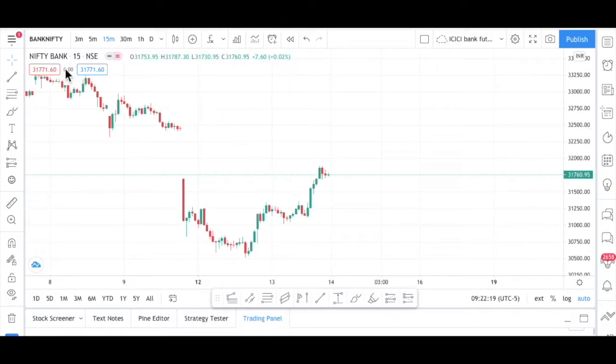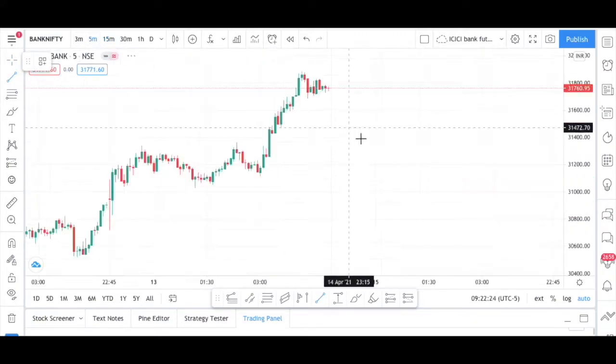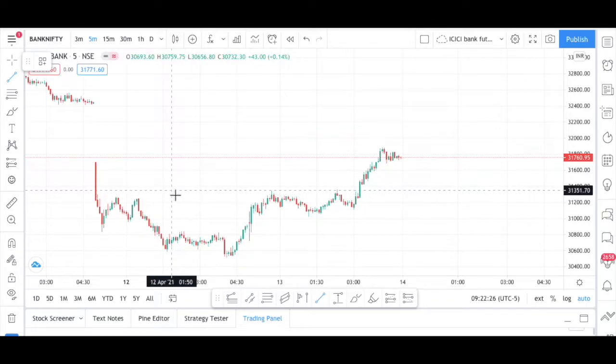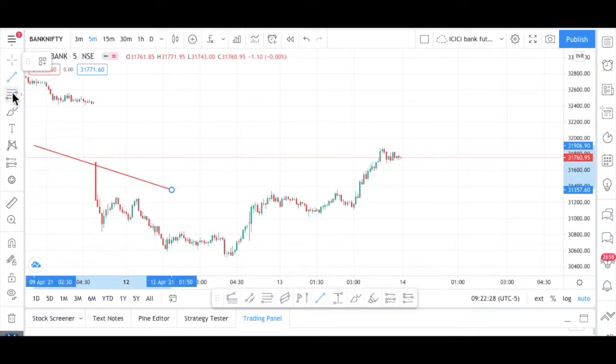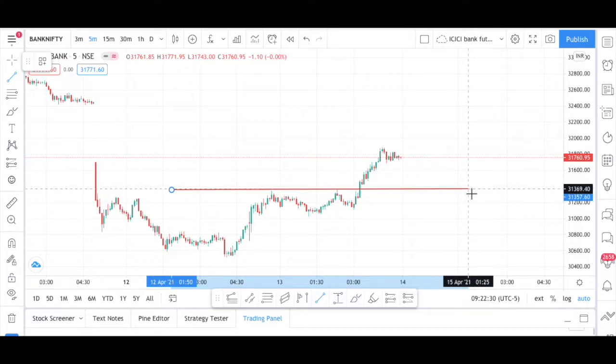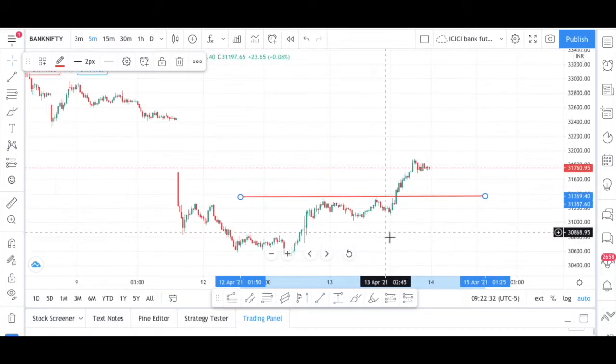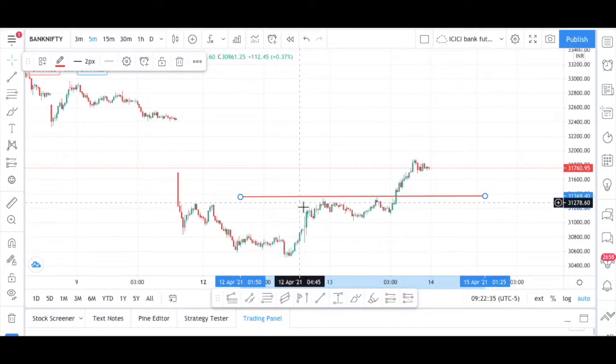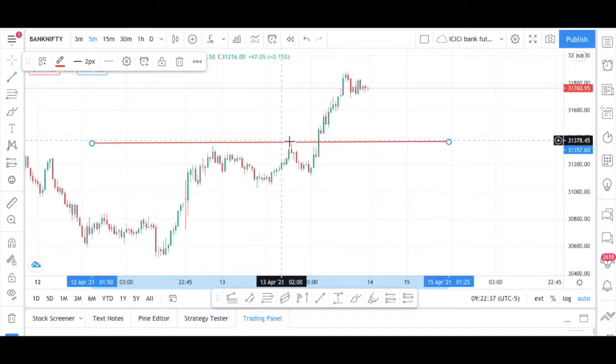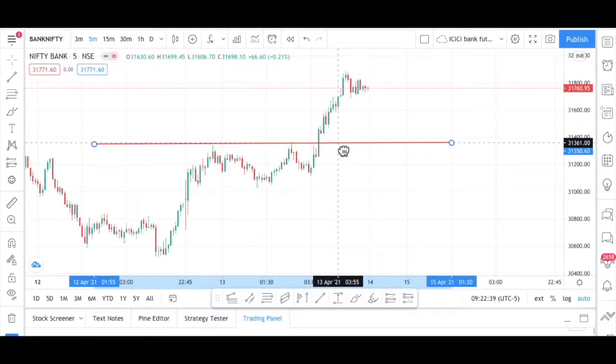For example, let me just show you the importance of trend line, which worked out beautifully for me today. And for intraday, I always stick to 5 minutes and 15 minutes. 1 hour is just for building a view for the next day. So I never had this trend line when the market opened.